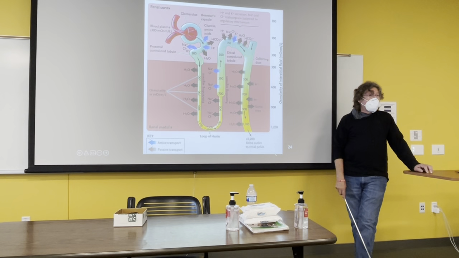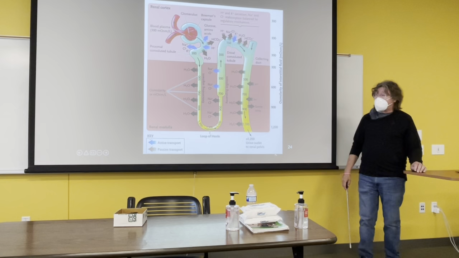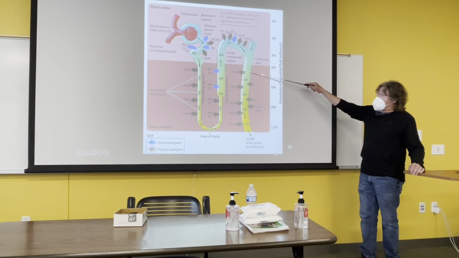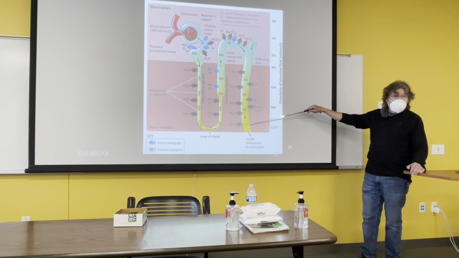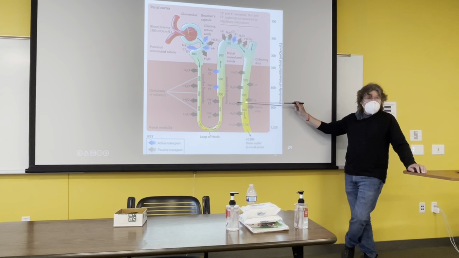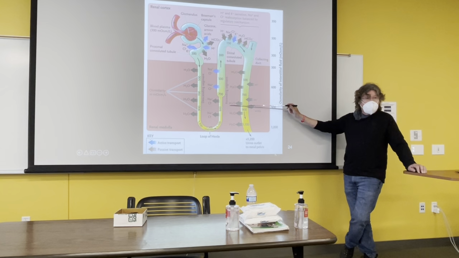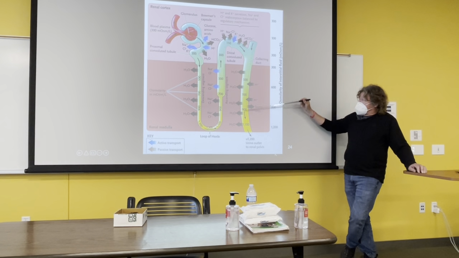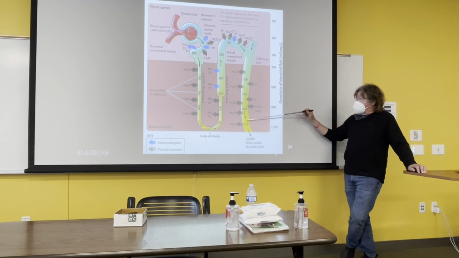All right? If on the other hand, you've lost a lot of water, then aquaporins are inserted. Aquaporins are inserted that allows water to exit. And of course, where does the water go? It goes into the vasa recta. Furthermore, down in the distal part of this collecting duct, it's permeable to urea.